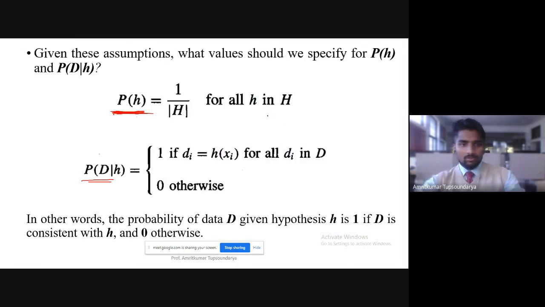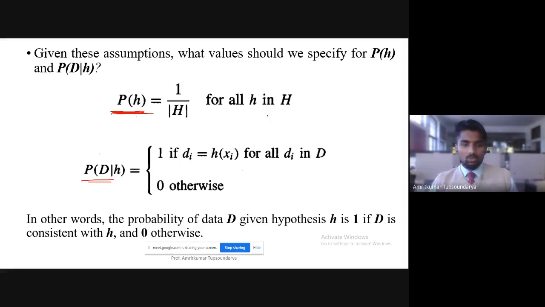Good, Disha. So P of H is the prior probability, or we sometimes term it the initial probability, because this is the probability which we are computing before we process, right? Before we compute the actual probability considering each hypothesis. One of the key aspects of Bayesian learning, which we discussed in our introductory class, is the prior knowledge.